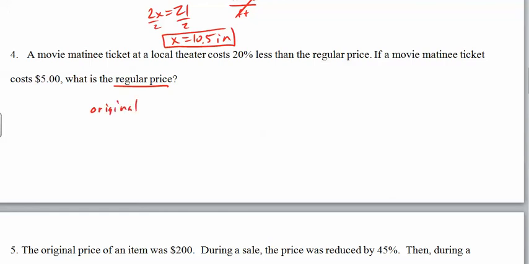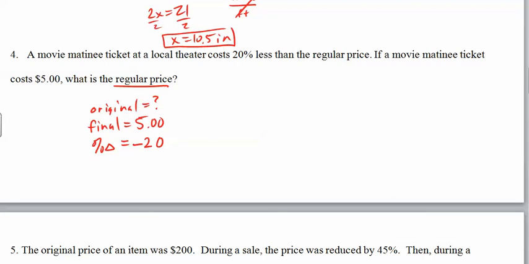After a 20% discount, we get the matinee ticket, so the final, or the matinee, is $5. Then we know that the percent change is 20% less, which means it needs to be negative 20.